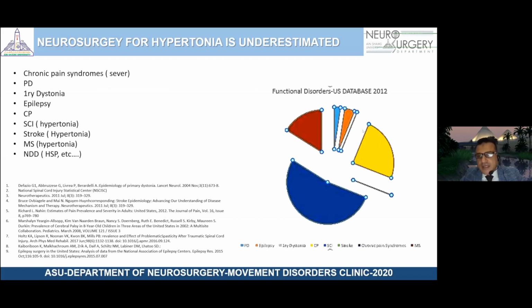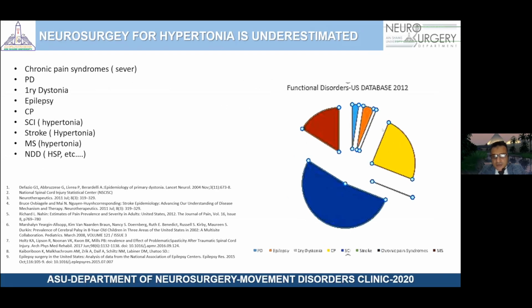This graph shows the National American database regarding the functional disorders, including chronic pain syndromes, Parkinson's disease, epilepsy, in comparison to the other movement disorders associated with cerebral palsy, spinal cord injury, stroke, MS, and the neurodegenerative disorders. We find that the procedures for the movement disorders, especially the hypertonia, are much less estimated, despite being very effective.